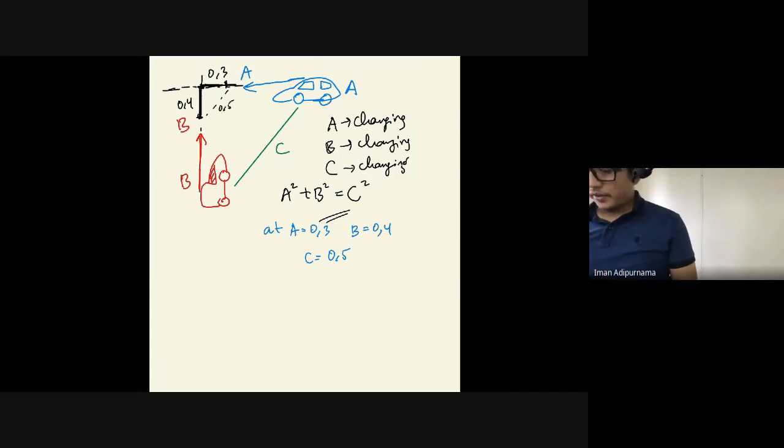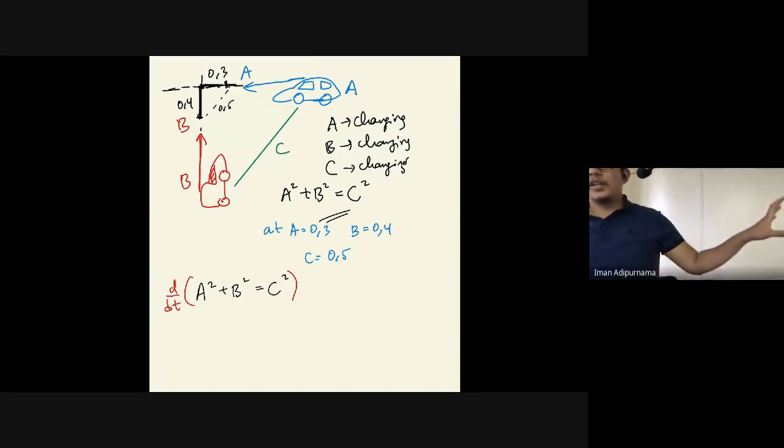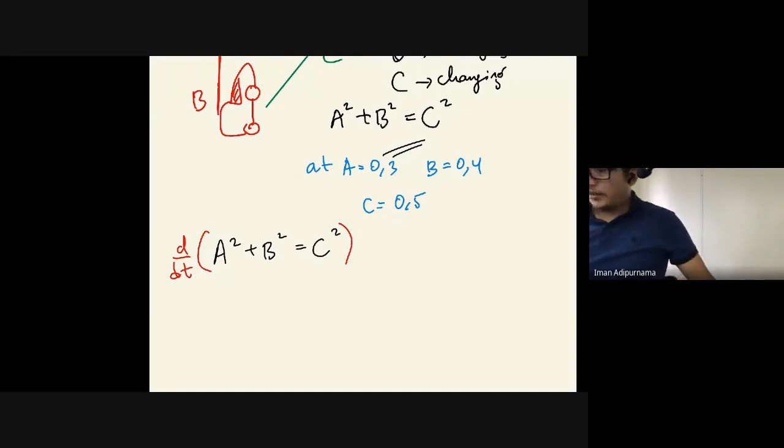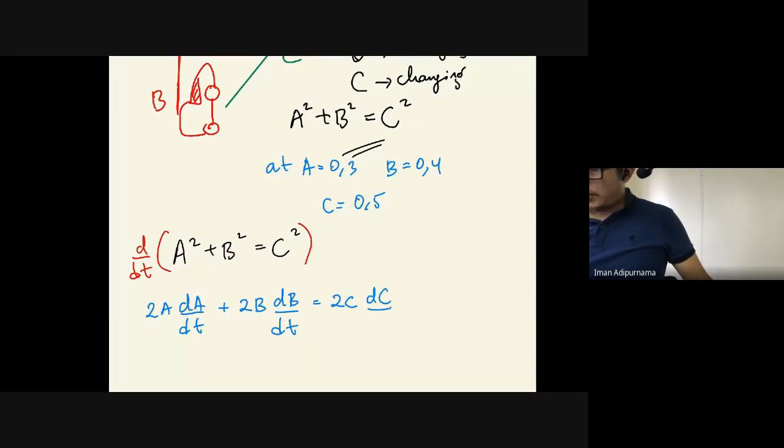Any relations you have, you need to derive with respect to time. We always see related rates because it's rates, so it's related to t, the time. So we differentiate all these terms with respect to t. It becomes 2a dA/dt plus 2b dB/dt equals 2c dC/dt.